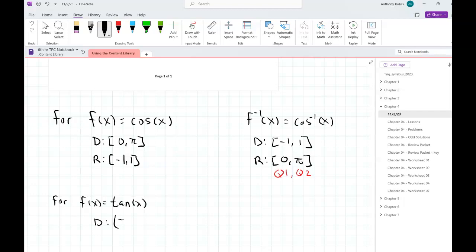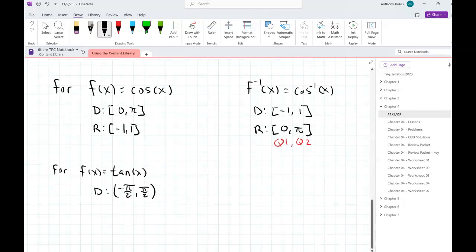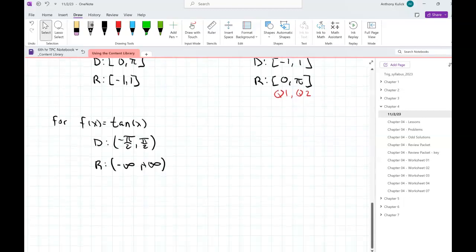So for tangent, we're going to do the same restricting the domain trick, but notice here, instead of using brackets, I'm using parentheses. Why am I doing that? We're still talking about an interval there. Remember what the graph of tangent looks like.